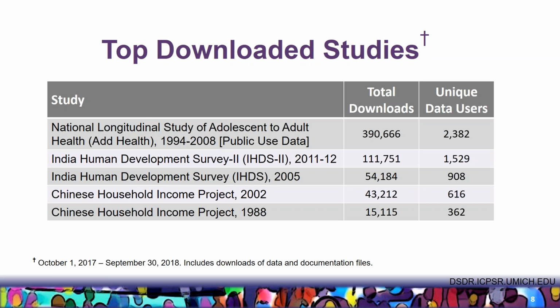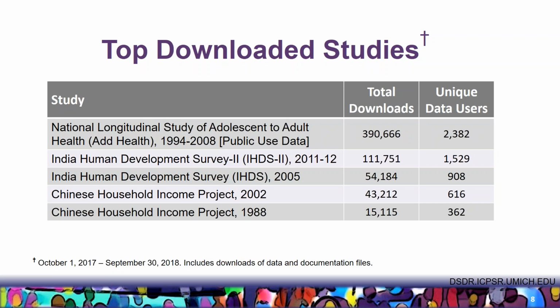So if we look at some of our top downloaded studies, it's not surprising that AdHealth, the National Longitudinal Study of Adolescent to Adult Health, out of the Carolina Population Center, is a top study. We make the public use data available, one of the most used studies.